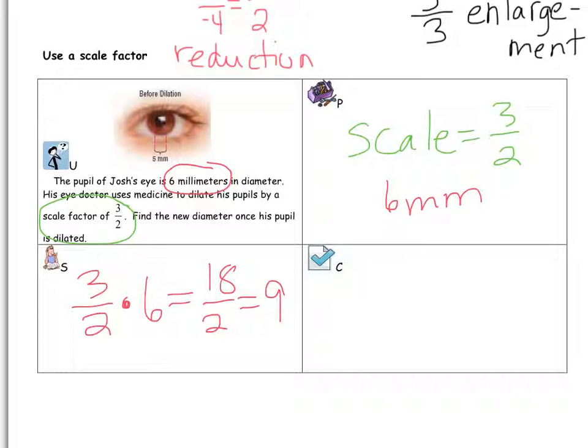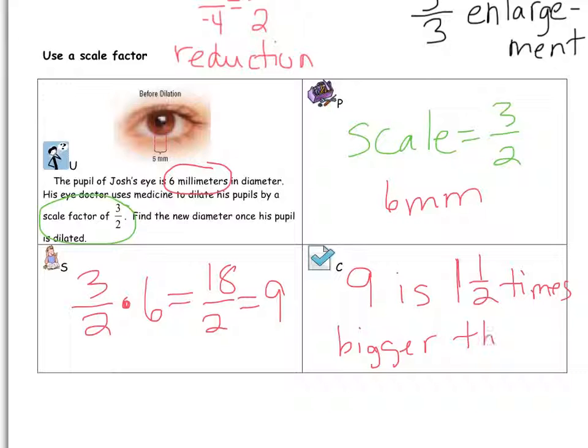So we know we did this correctly because 9 is 3 halves, or in other words, 1.5 times bigger than 6. Okay, and remember, when you dilate your eye, you are getting bigger, so we know that that makes sense as well.